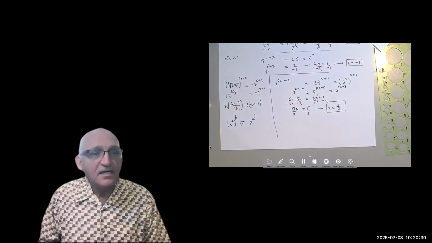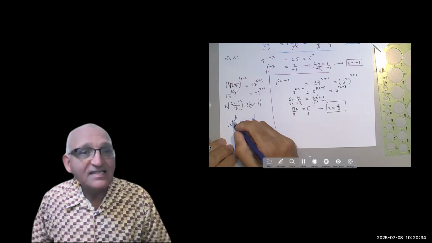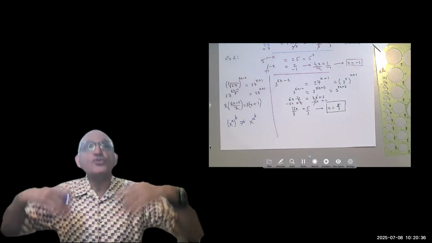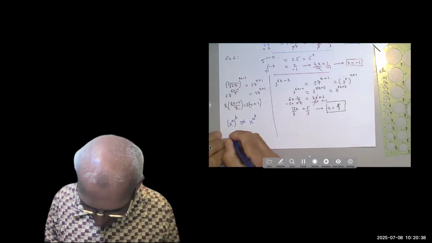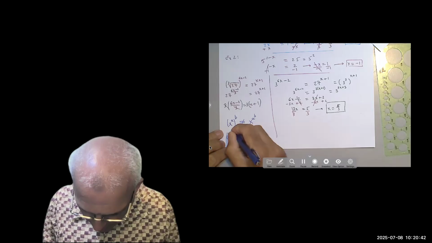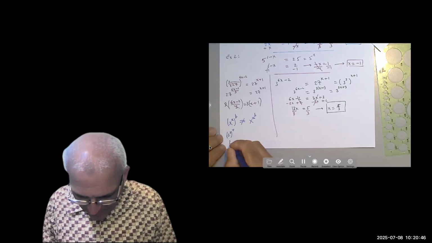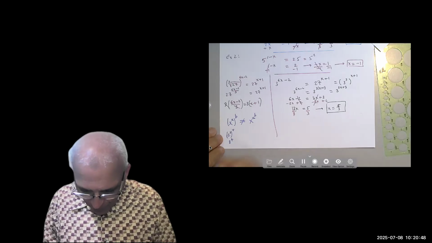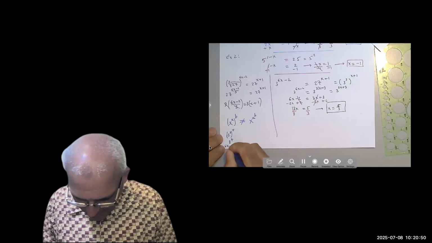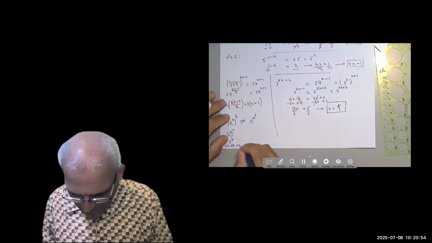This means that you take x to the a and then raise the result to the power of b. So for example, if I say 2 cubed to the 4, it means 2 cubed is 8, to the power of 4, which is 64 times 64, right? Which is 4,096.